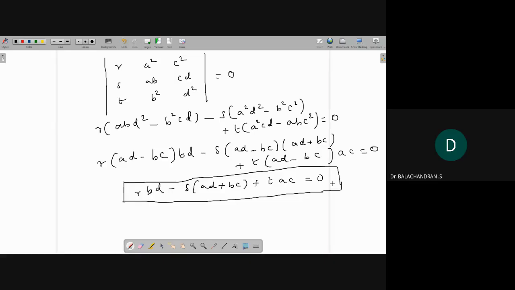Now time is 9:38. So I try to finish one more problem, the last problem.